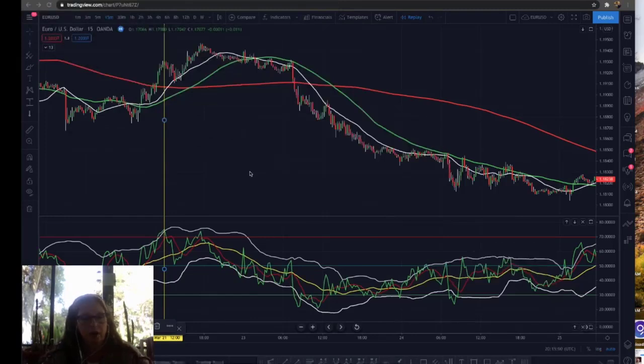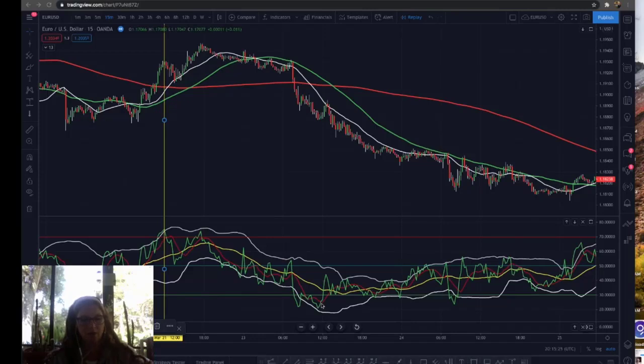So to start out, there are 3 basic rules to any long or short trade. And definitely for beginners, you need these 3 rules. They must be there to take a trade.